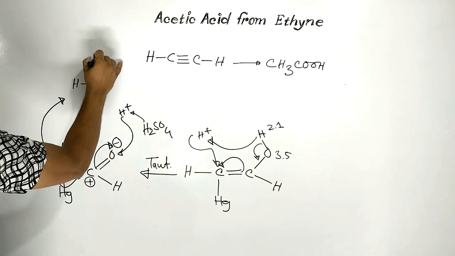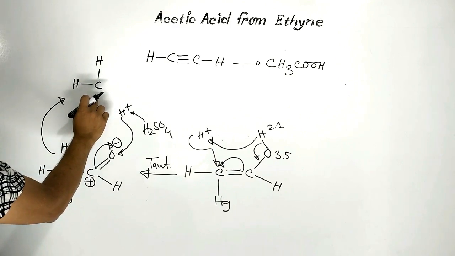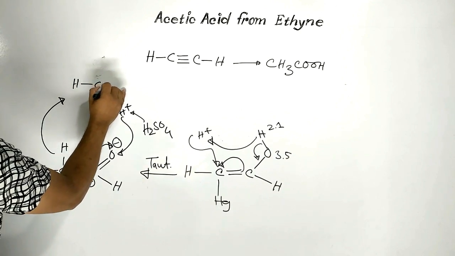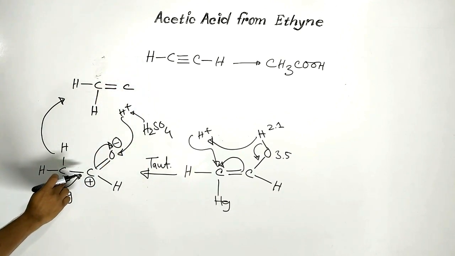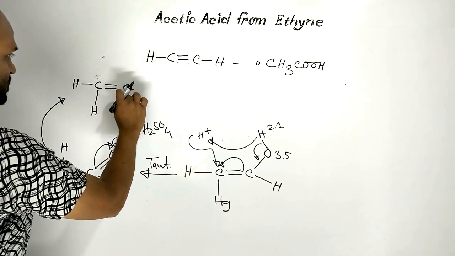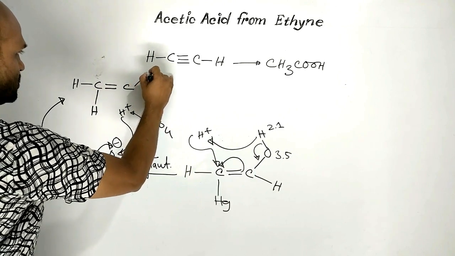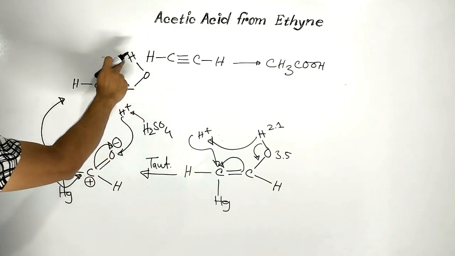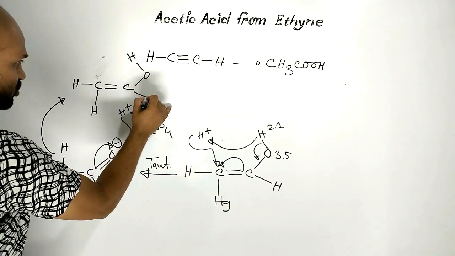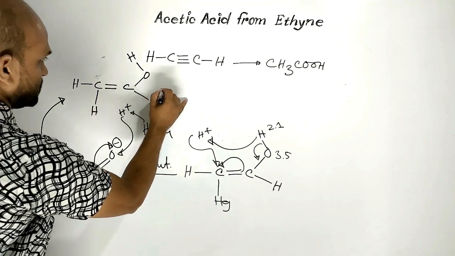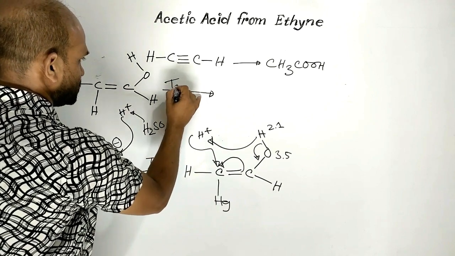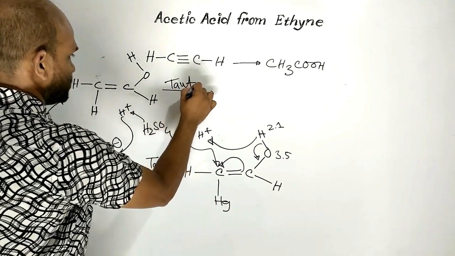Hydrogen, carbon, here hydrogen. This hydrogen can be written here, carbon-carbon double bond. This carbon-carbon single bond turns into carbon-carbon double bond. With this carbon OH group, this hydrogen came from sulfuric acid. With this carbon, another hydrogen. Now, this entity undergoes tautomerism again.